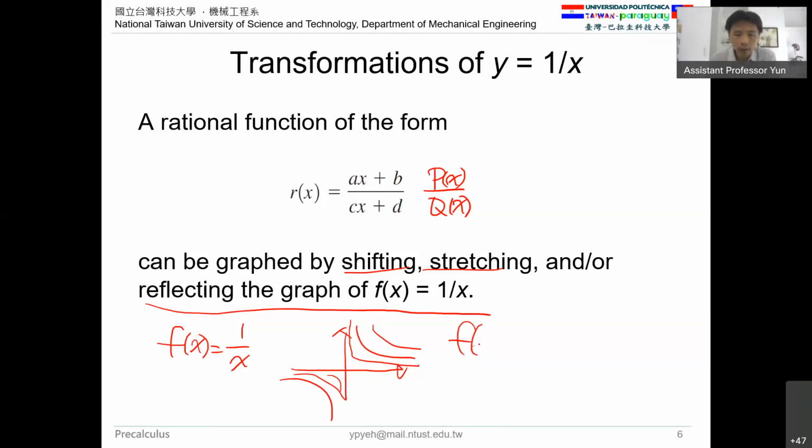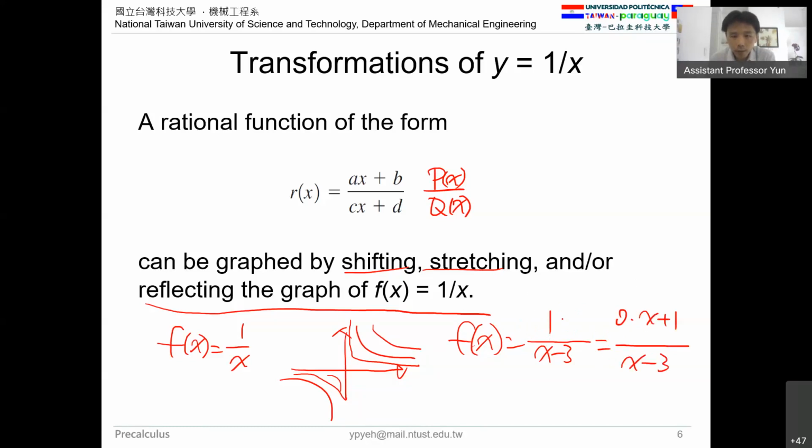For example, if you see f of x equal to 1 divided by x subtracted by 3, this is also a rational function, and it could be presented as 0 times x plus 1, divided by x subtracted by 3.